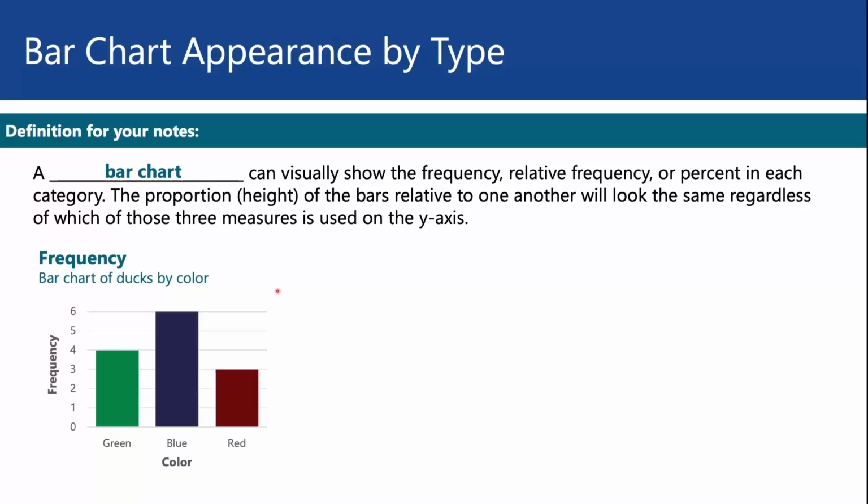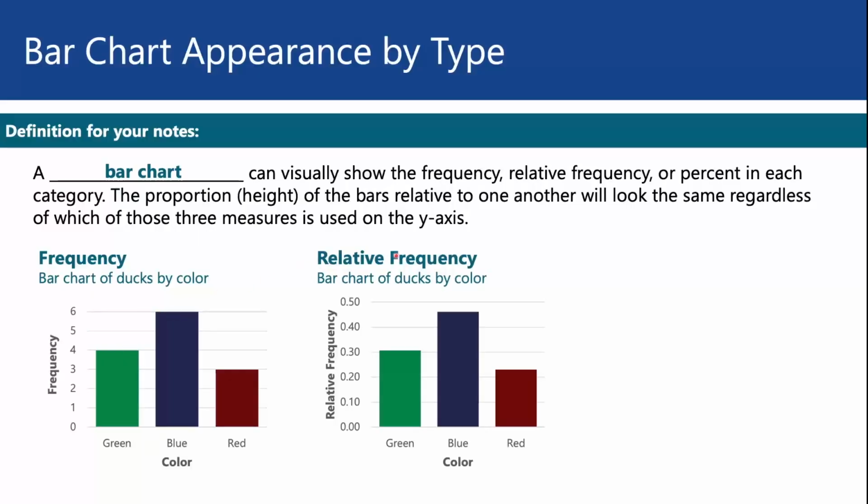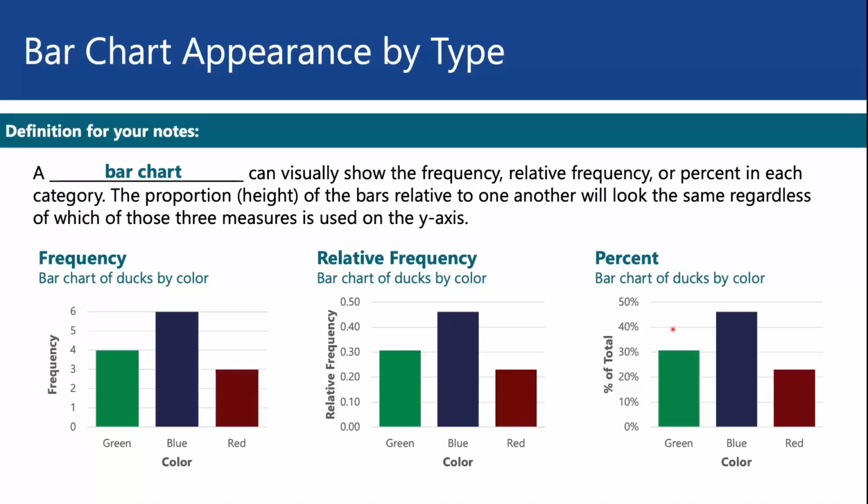So here is that frequency chart that you saw before, where each of these bars has a height equal to the frequency that we had observed in our duck count. Here's the relative frequency. So now each of these bars is as tall as the proportion that this represents of the sample, and here's the percent.